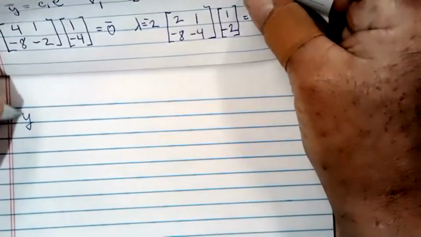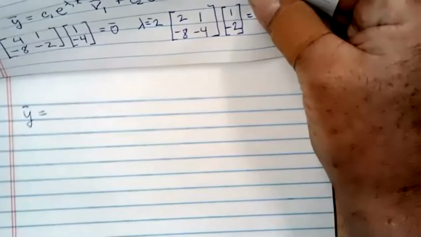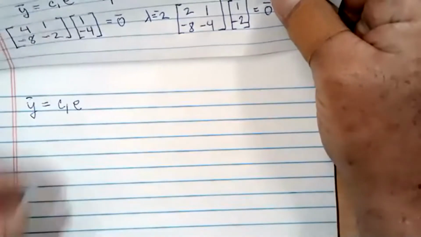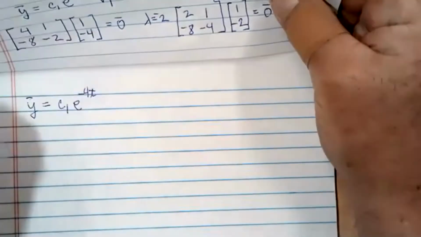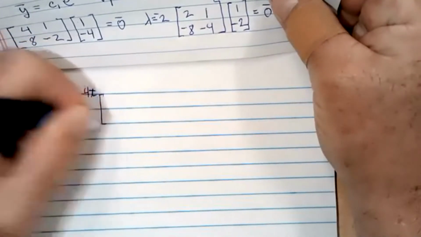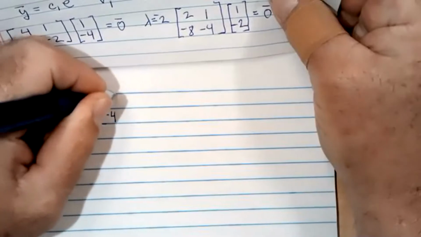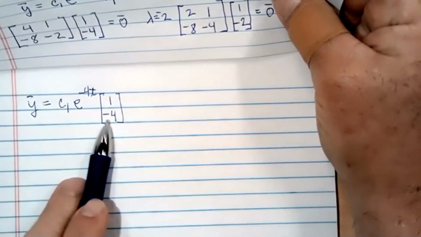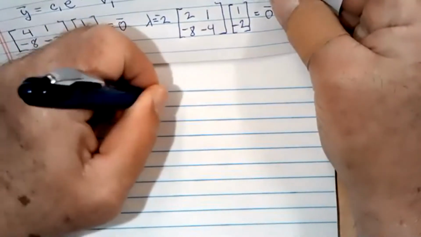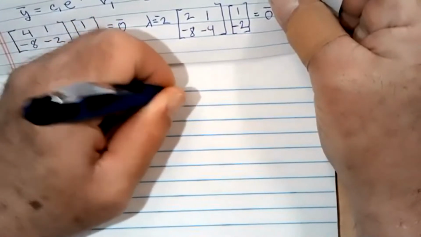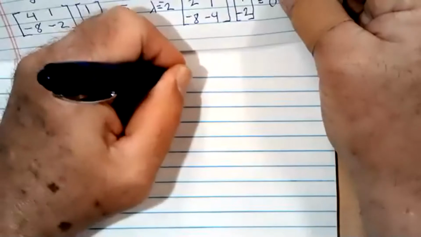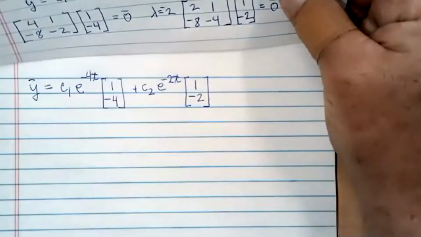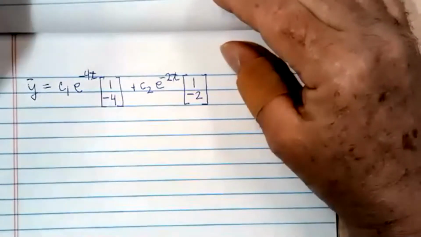So y is equal to c1 e to the lambda 1 t, that's -4t, times the first eigenvector, (1, -4), or any multiple, and you can see it could be any multiple because we have a c out here, right? Plus c2 e to the -2t, that's my second eigenvalue, times my second eigenvector, (1, -2). So there's the general solution to the system of equations.